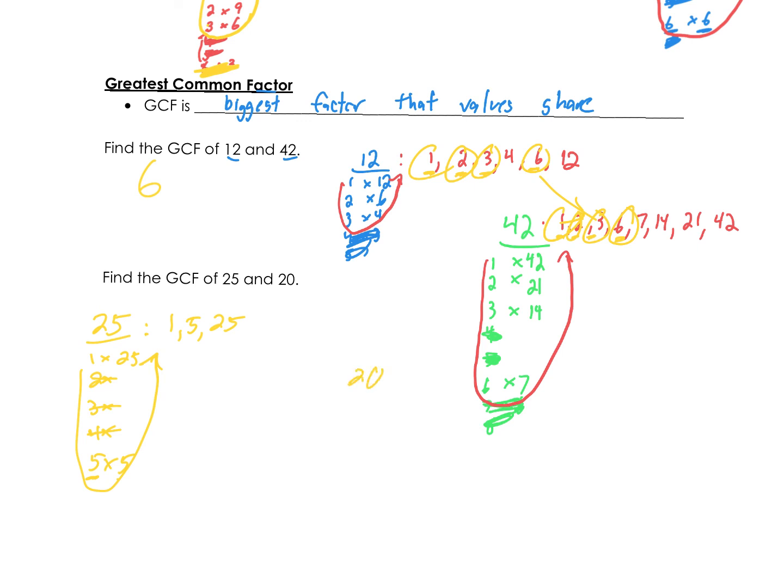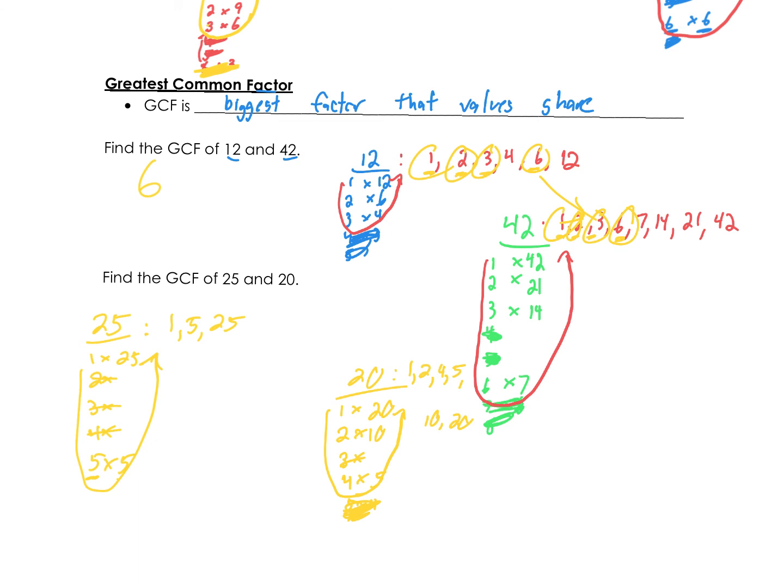Now for the factors of 20. 1 times 20, 2 times 10, 3 times nothing, 4 times 5, 5 times 4. There's our repeat. So the factors of 20 are 1, 2, 4, 5, 10, and 20.